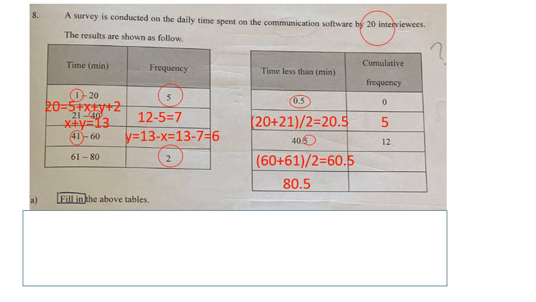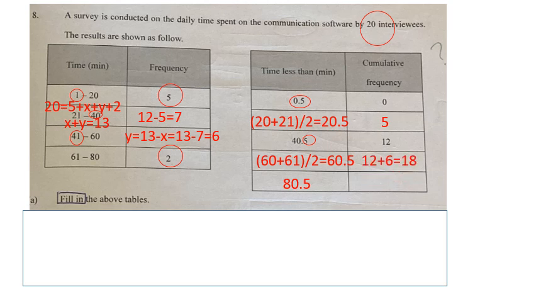Now we still have 2 blanks left on our right hand side. I think you know which blanks we are going to fill in. After 12, what is the fourth row on our right hand side? The cumulative frequency on the fourth row, time less than 60.5 minutes. We should add 6 and 12.